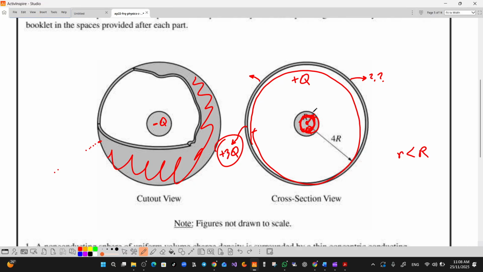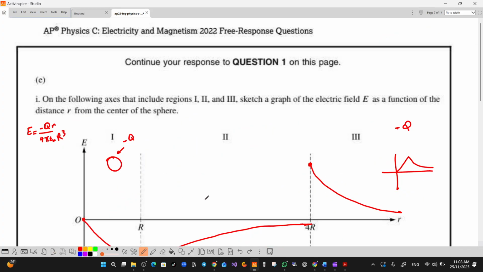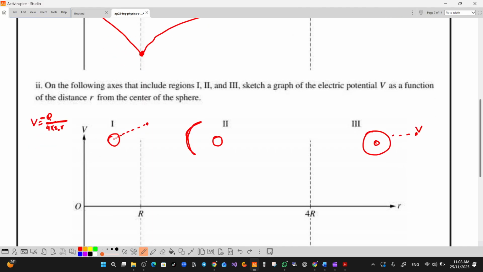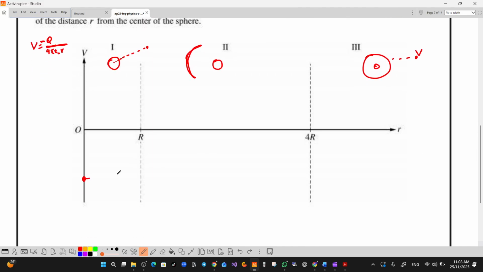So we know that as we move from the negative sign to the positive signs, we are moving from low potential to high potential. So the graph now will increase slowly as we keep moving away from the charge.